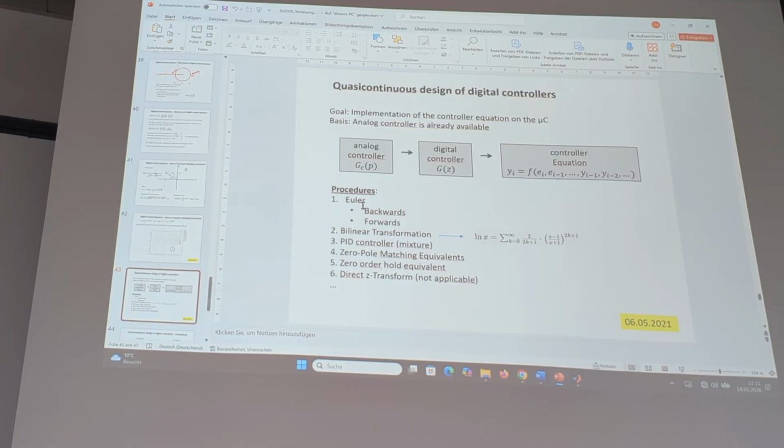So an order of magnitude better, let's say. And here is the list. You have Euler, backwards and forwards. Then you have a so-called bilinear transformation, and some more. Today we will concentrate only on Euler and the bilinear transformation, and see how it works.